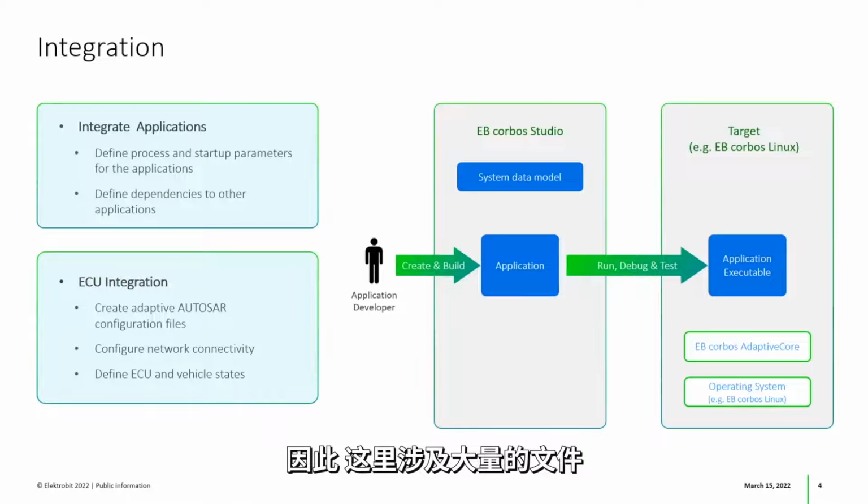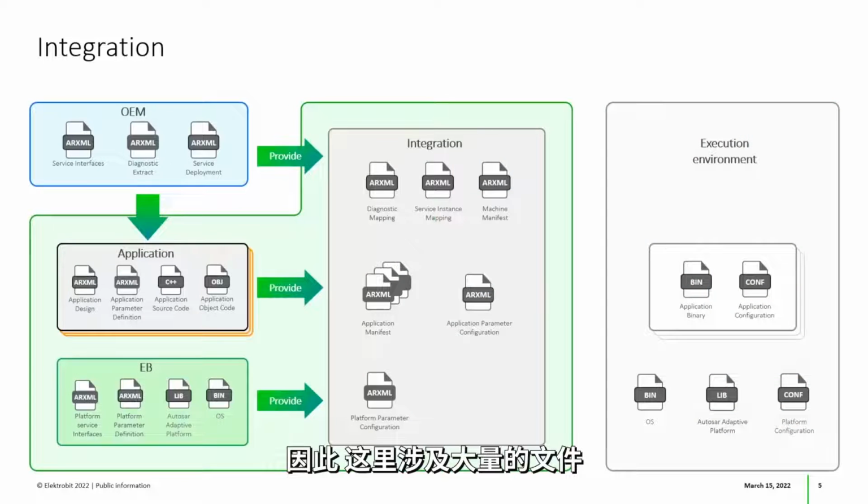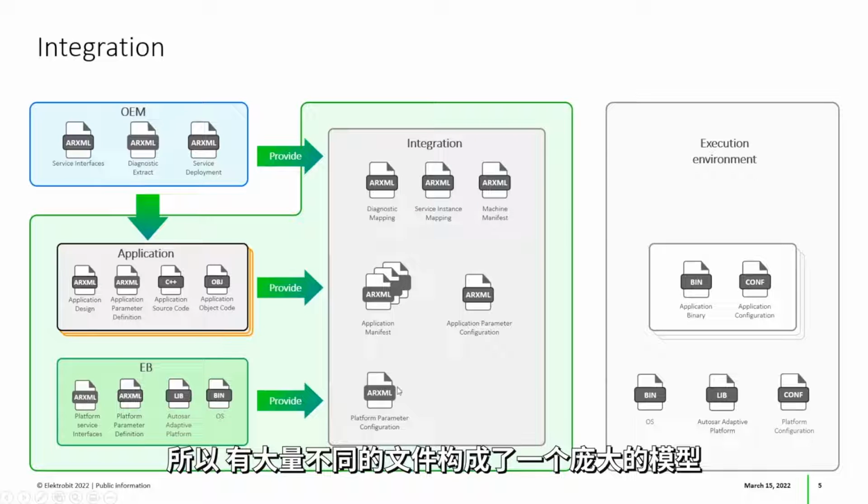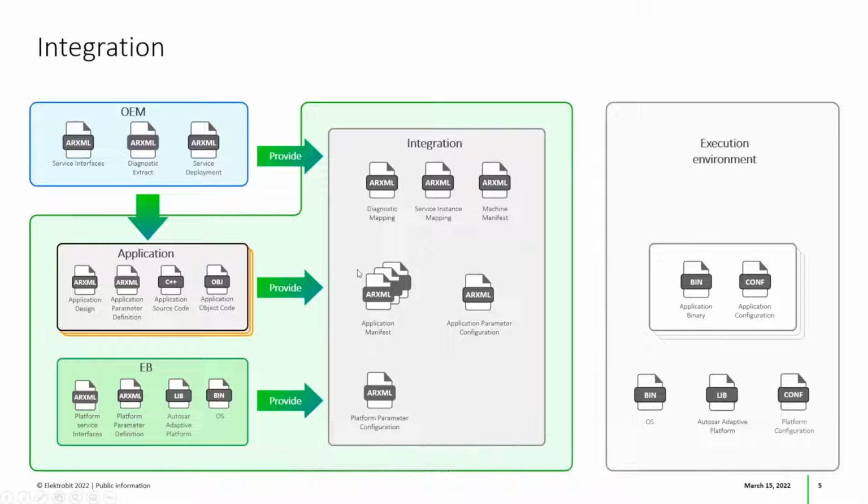So there are a lot of files involved here, files that make up your model. If you look, you probably have service interfaces, your application design, parameter definitions, so a lot of different files that end up in one big model.